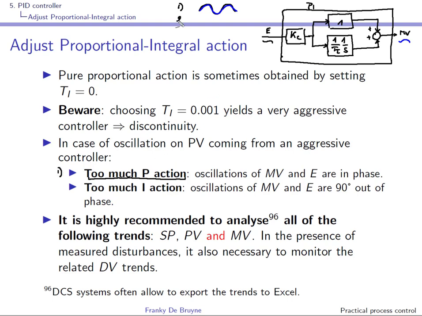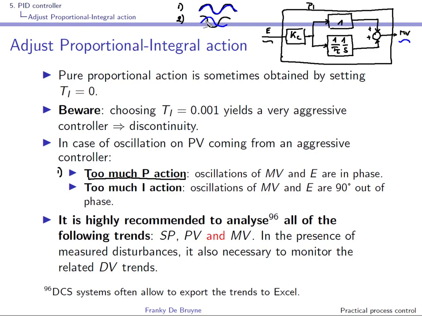In the second situation, we have a signal that looks like this. This is the error, and what we'll have is an MV that is shifted by 90 degrees. You can see that this cannot come from the proportional part. The proportional part, again, is not going to introduce a phase shift, but of course we know that this integral part is going to introduce a 90-degree phase shift.